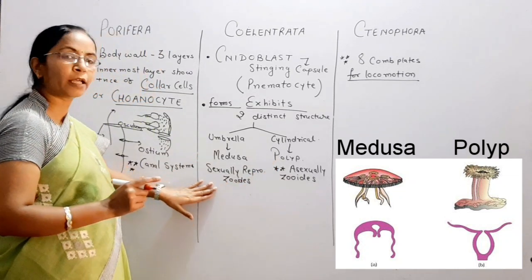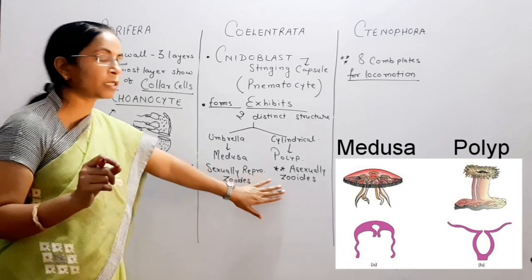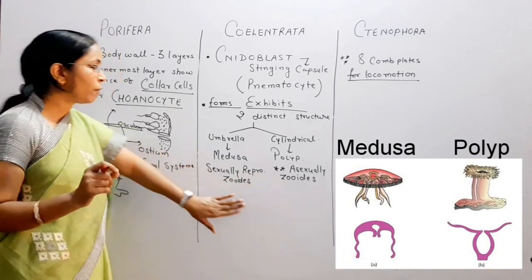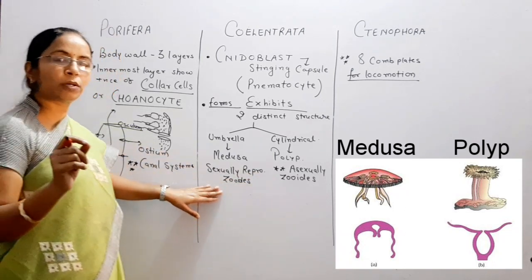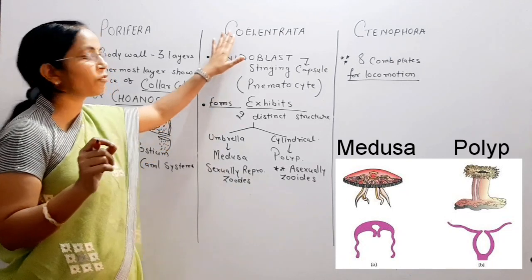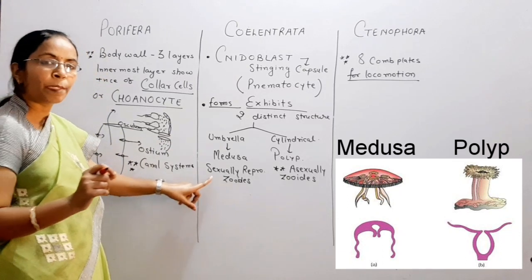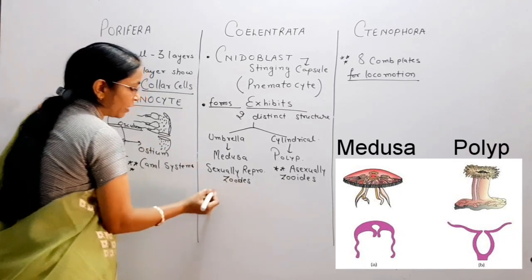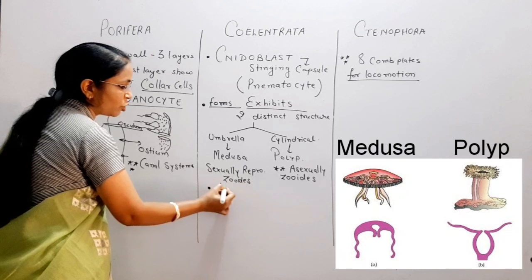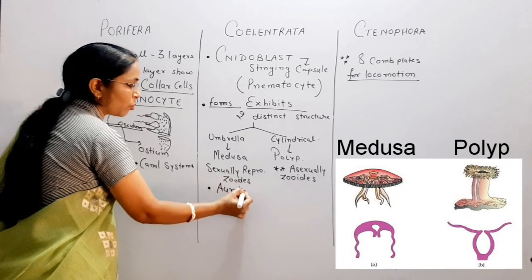Here the examples are very important. Clear? Some of the members of Coelenterata remain always present in the form of medusa. For that you remember one example, jellyfish, or Aurelia.